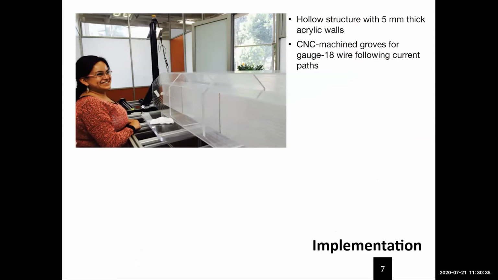And you can see here, we decided to build a hollow structure with 5 mm thick acrylic walls. Well, you can see there are some thicker support octagonal shape plates here, and then we have the outer walls, which were previously machined with a CNC to produce the grooves for the wire, following the current paths that we found in COMSOL were appropriate to produce the magnetic field.